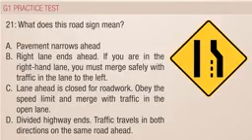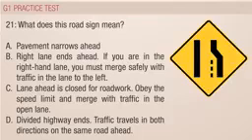Question 21. What does this road sign mean? A. Pavement narrows ahead. B. Right lane ends ahead. If you are in the right-hand lane, you must merge safely with traffic in the lane to the left. C. Lane ahead is closed for road work. Obey the speed limit and merge with traffic in the open lane.